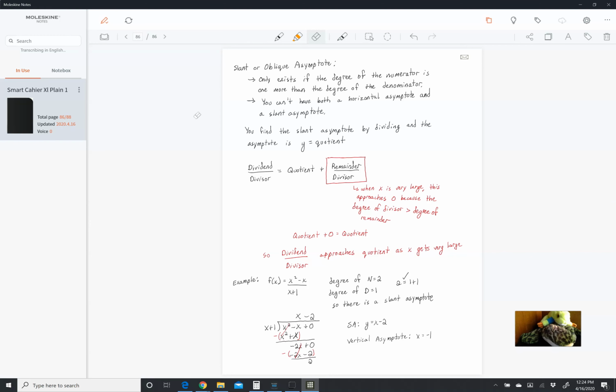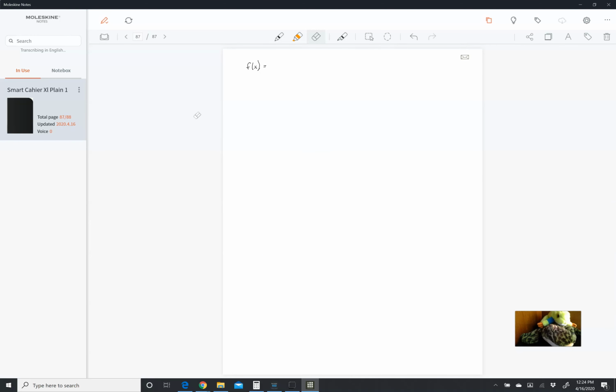Let's take another example. Let's say that f of x is equal to x squared minus x minus 2 over x minus 1. So again, the degree of the numerator is equal to 2.